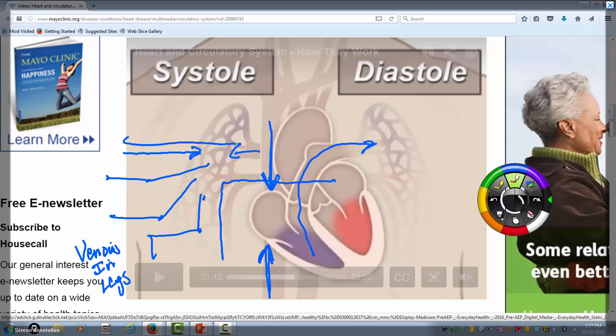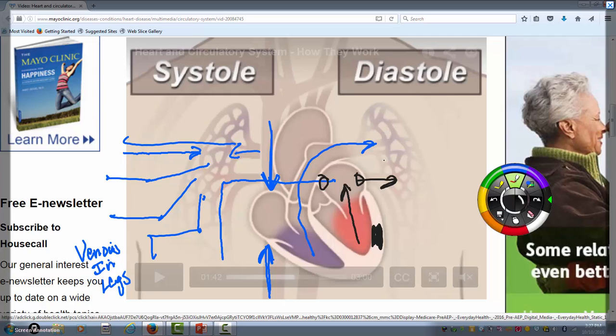But remember, your left heart's jacked up. At rest, when you were sitting up, it was as good as it gets. Then you lie down, and now you're going to overstretch that ventricle. So where's that blood going to back up into? The left atrium, pulmonary veins, pulmonary venules, and they get congestive heart failure.